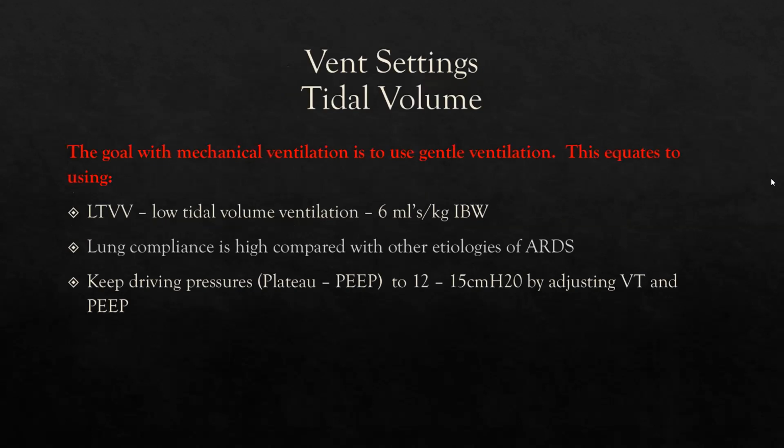It says the goal with mechanical ventilation is to use gentle ventilation. This equates to using low tidal volume ventilation, and low tidal volume is considered 6 mLs per kilo here. We learned the range 4 to 6 mLs per kilo, so that stays.